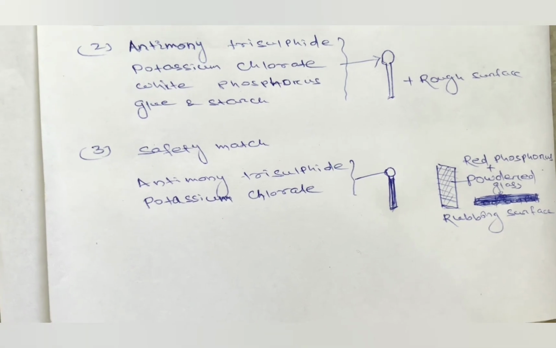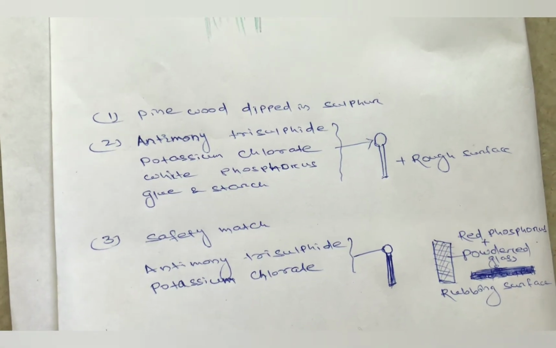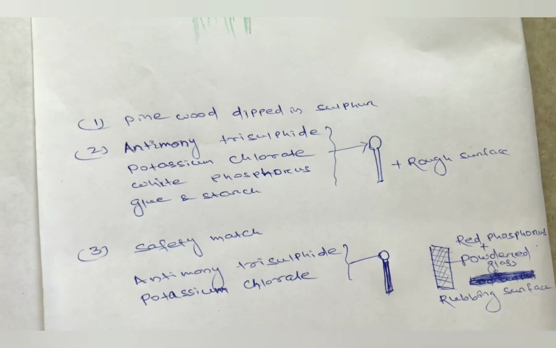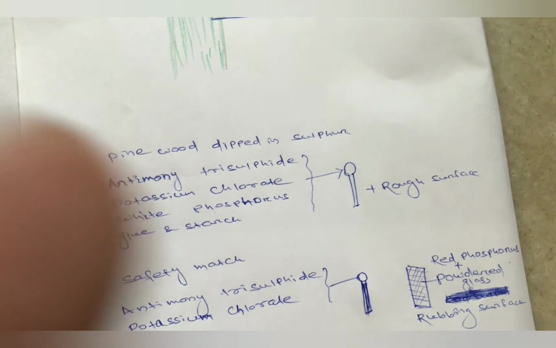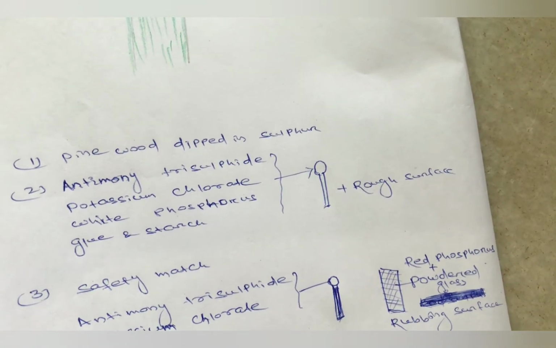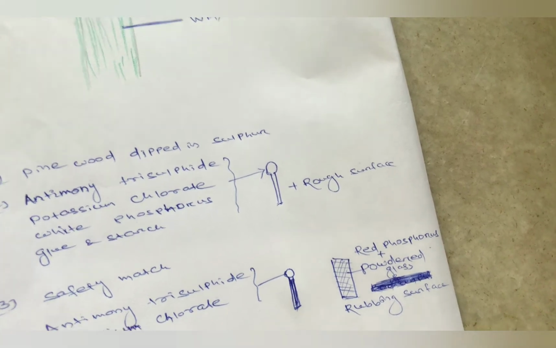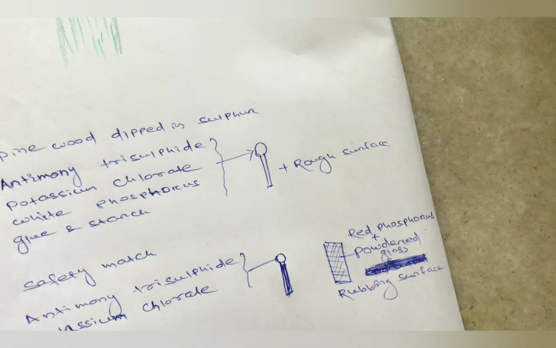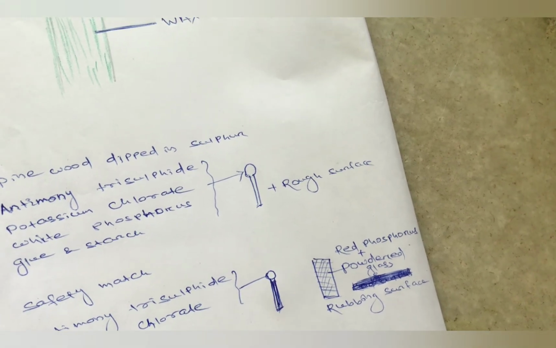So nowadays safety matches have only antimony trisulfide and potassium chlorate put on the tip of the match, and the red phosphorus itself is pasted on the cover of the matchbox along with some powdered glass to make it rough. So we have to rub the match on the cover of the matchbox.